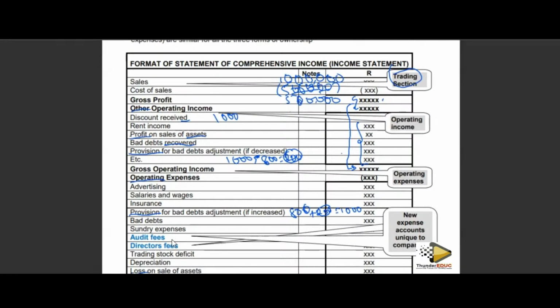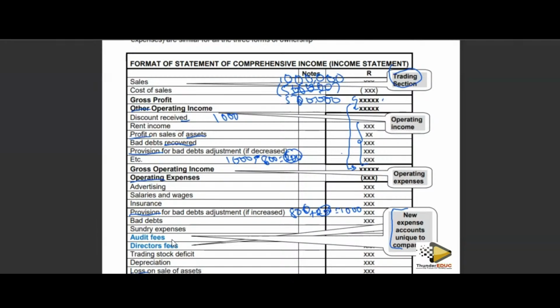So we call them new expense accounts unique to companies, meaning that we don't have these in solo trader, and we don't have this type of accounts in partnership, because partnerships and solo trade businesses, by law, are not obliged to prepare financial statements, but they are encouraged to prepare them.